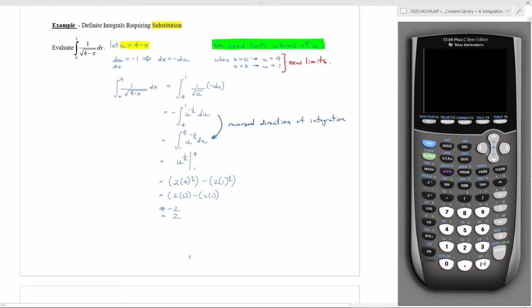It's u to the 1/2 divided by 1/2, which is 2 u to the 1/2 evaluated at 4 and 1. I just forgot to write the 1/2 in that step. So now we take 4 and sub it in there, take 1 and sub it in there, subtract the 2, and we end up with a value of 2.